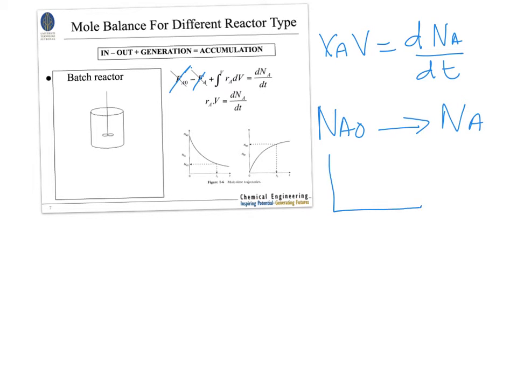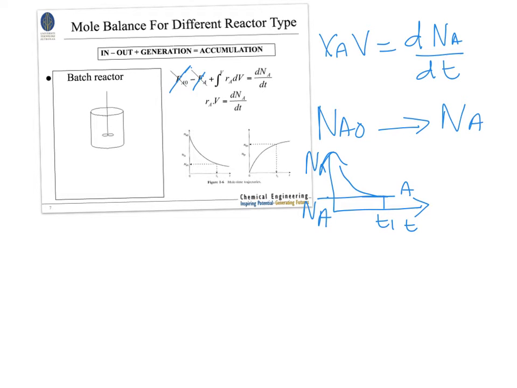So if you are given the profile of the number of moles of A dropping with time, you need to know the time when the number of moles of species A has reduced.